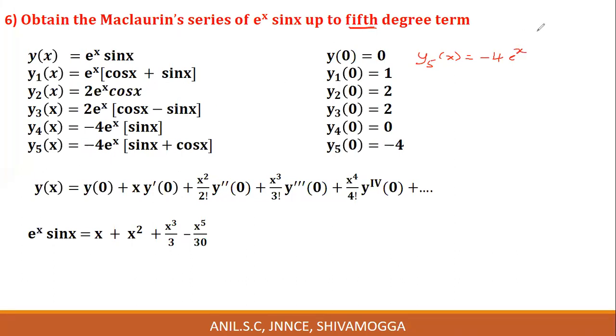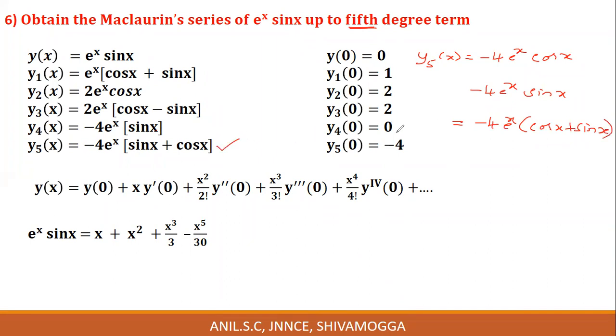Derivative of sin x is cos x, plus derivative of minus 4 into e power x is minus 4 into e power x itself into sin x. Here, minus 4 into e power x is common in both the terms, keep it outside, and we get cos x plus sin x inside the bracket. Cos x plus sin x.